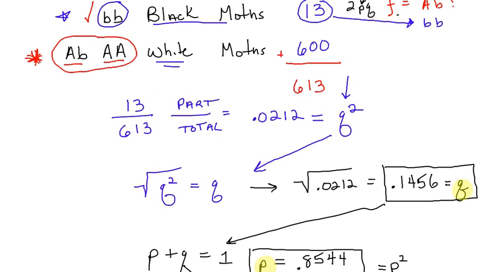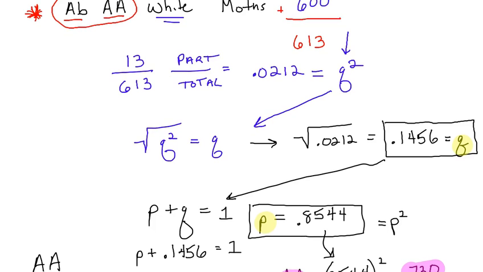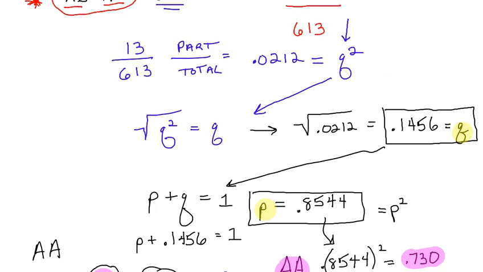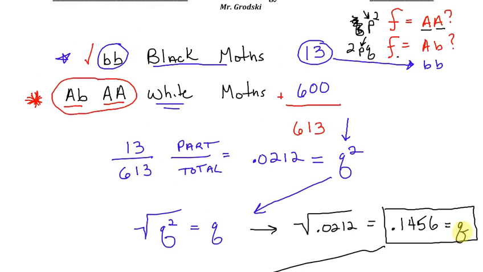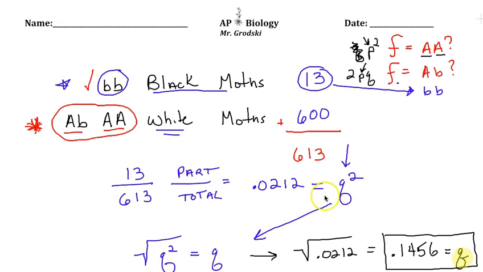We found that to be what? q squared is 0.0212, right? So doesn't it make sense that 0.73 plus 0.249 plus what was this value that we got? 0.0212, my short-term memory's gone. So 0.0212 was our q squared.